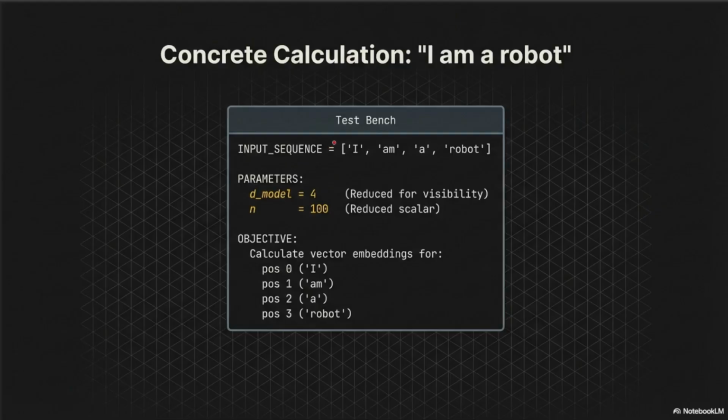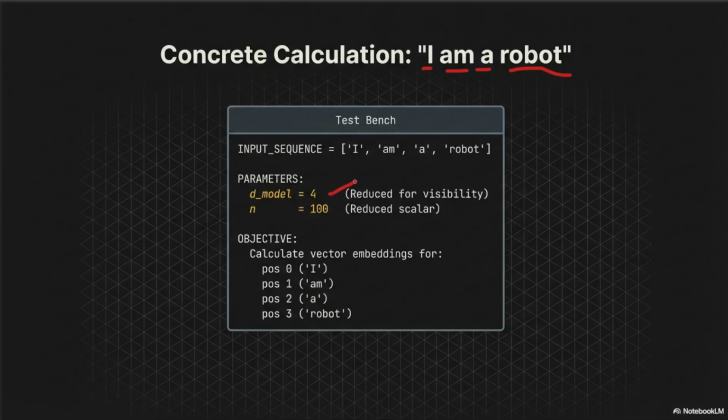So let's see this in reality. We will calculate the encoding for the phrase I am a robot. Again, we will assume that every word is a token. To make the math readable, we will set the dimension d to 4.